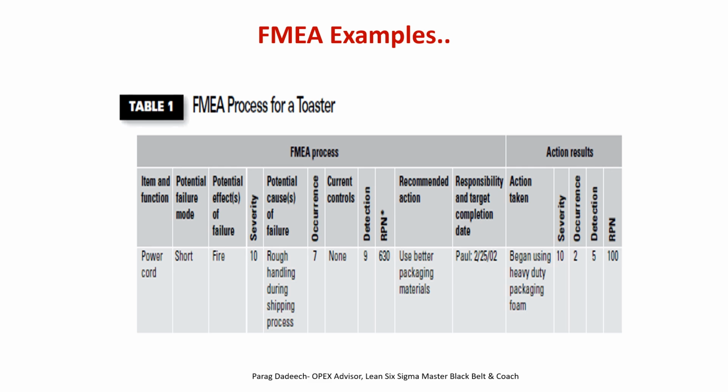And maybe now we have also deployed some better detection controls. So the new detection rating improves to 5, which is moderate chances of detection. So after your actions, the RPN reduces to 10 multiplied by 2 multiplied by 5, which comes to 100. Indeed, an improvement from an initial RPN score of 630.